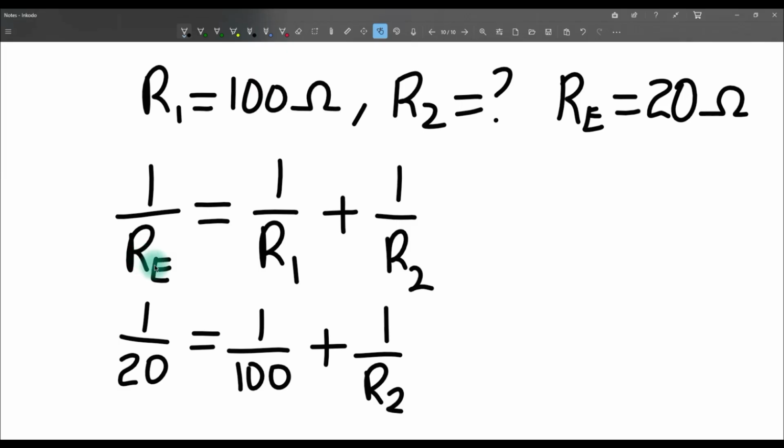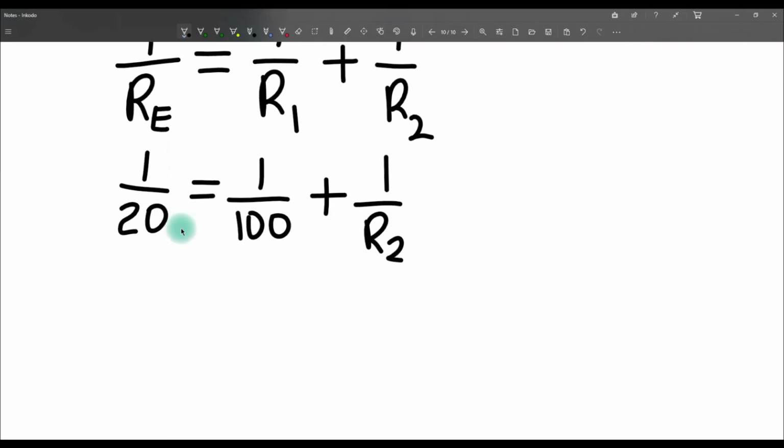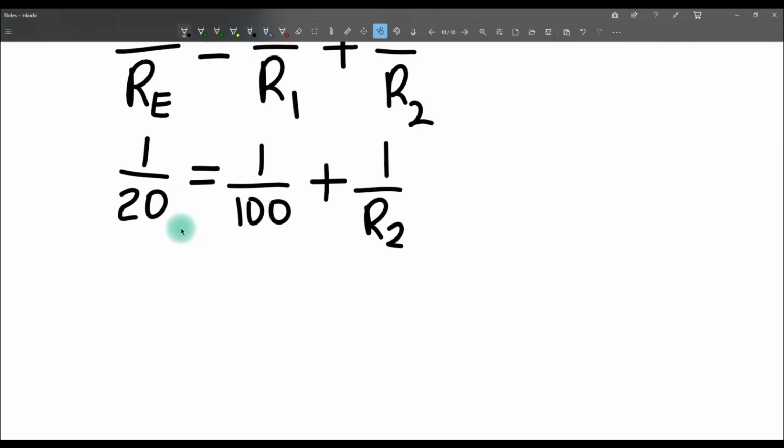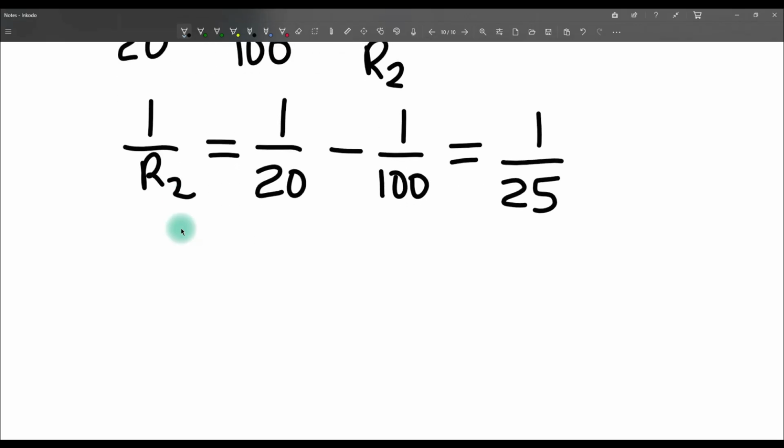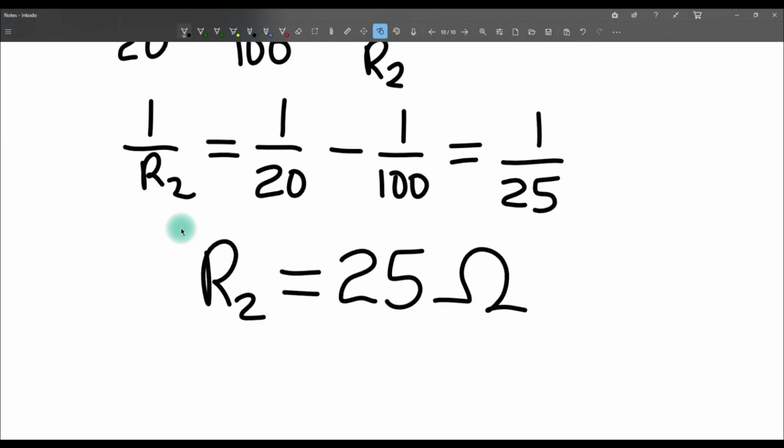So we are looking for R2. 1 over R2 will be equal to 1 over 20 minus 1 over 100. Using your calculator, you'll end up getting 1 over 25. And therefore, in this case, R2 is 25 ohms. So that's how we answer this particular question.